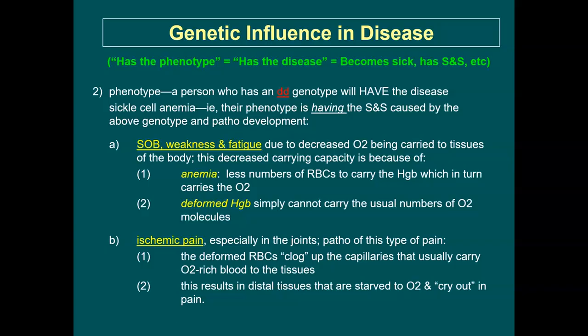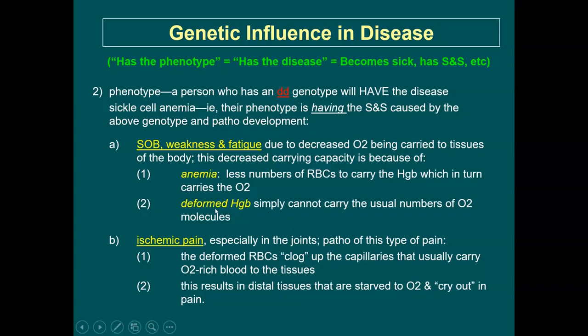And this is due to two reasons. We know that the hemoglobin that is on the red blood cell is responsible for carrying oxygen. If there are fewer red blood cells, then there is fewer oxygen carrying capacity.